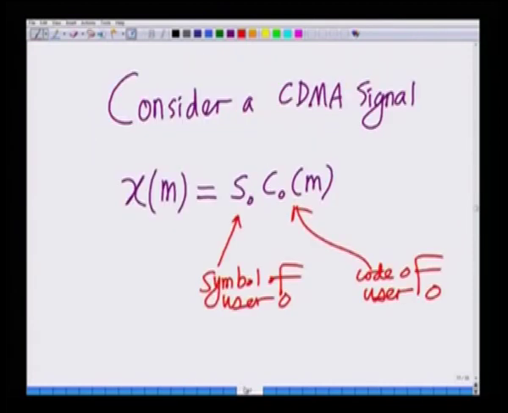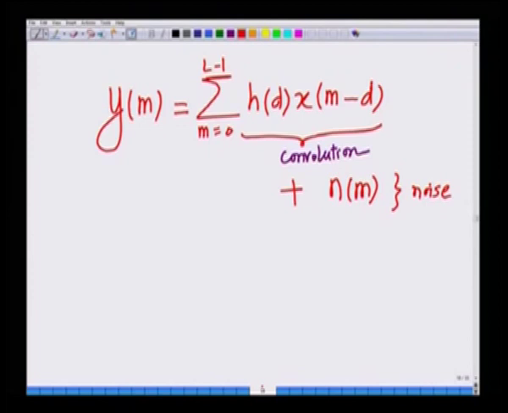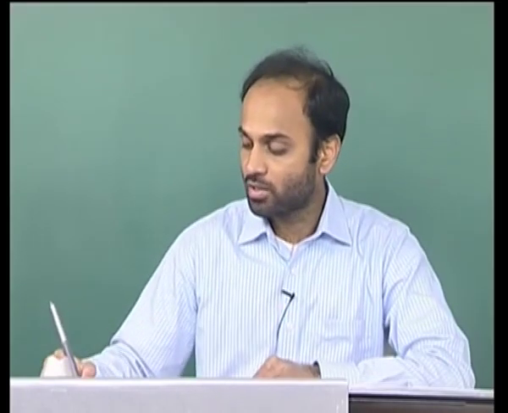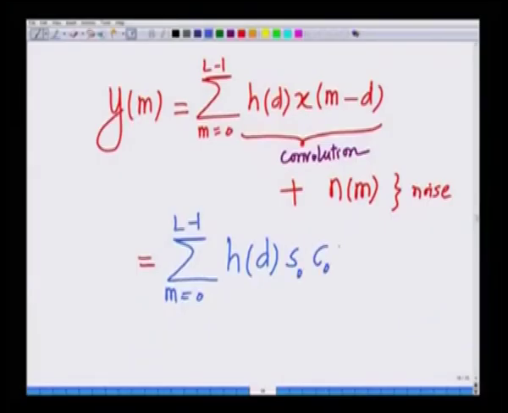Now, let me look at the signal. The signal xm is nothing but S0 times C0 of m. So, I will substitute S0 times C0 of m instead of xm. Hence, this is the sum over d equals 0 to L minus 1 of h of d times x of m minus d, where x of m minus d is S0 times C0 of m minus d, plus n of m, that is the noise at the receiver.